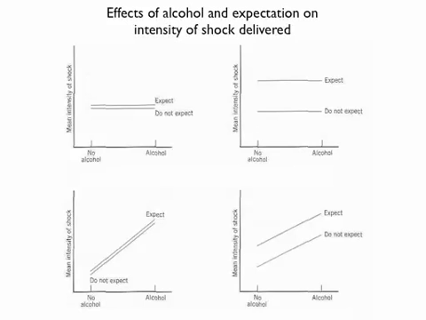So on average, you can look at the endpoints of these two lines. This line connects the data from the people who expected to get alcohol, people who didn't actually get it, and people who did. But both of those groups were expecting to get it. This line, the do not expect line, connects the means of people who did not expect alcohol and did not get it, and people who did not expect alcohol and got alcohol.